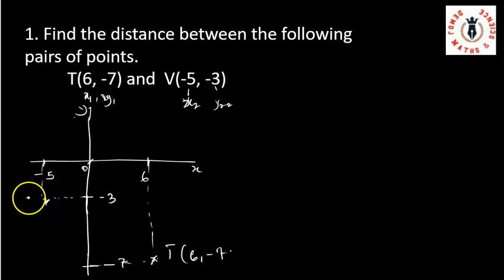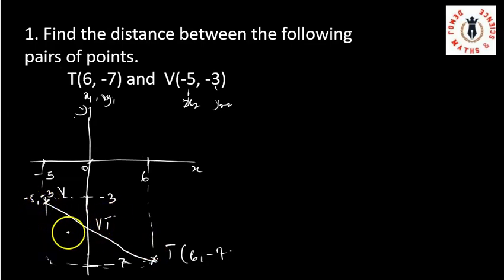So this is minus 5 and minus 3. Now let's join. If this is point V and this is T, let's call this line VT, forming my right-angled triangle.